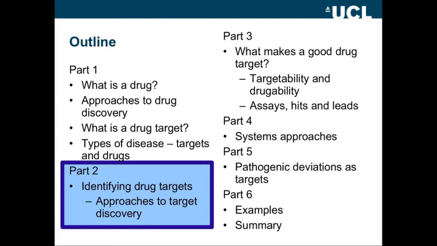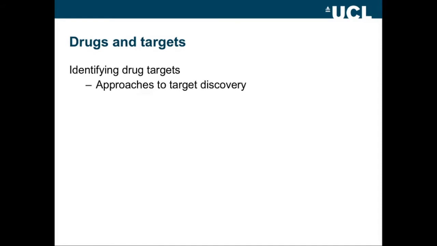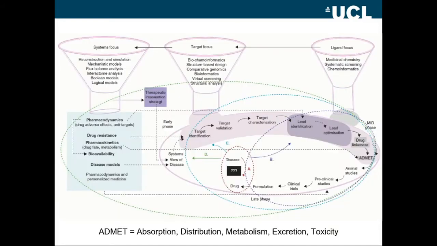Okay, moving on to part 2 properly now then, and we're going to look at identifying drug targets and approaches to target discovery. Now, this kind of flow chart tries to illustrate the different approaches to drugs and methods of identifying targets and identifying new drugs.